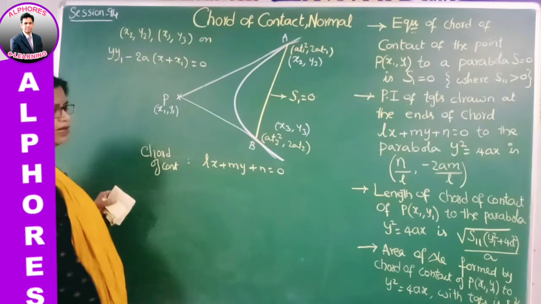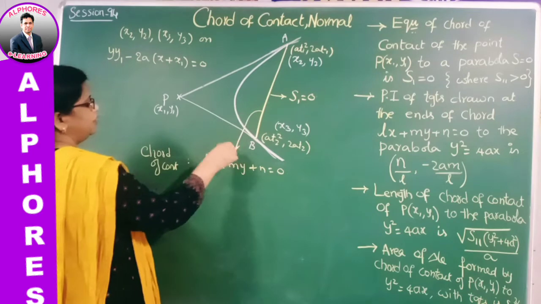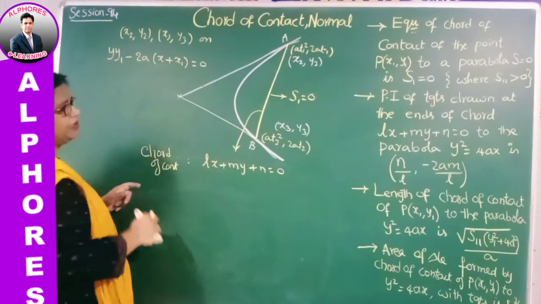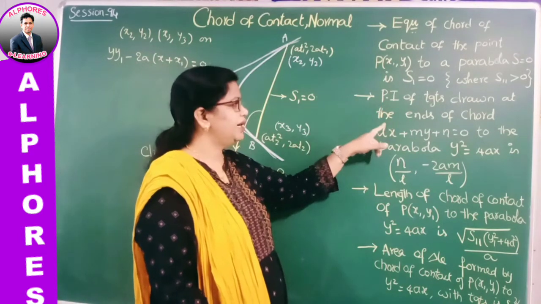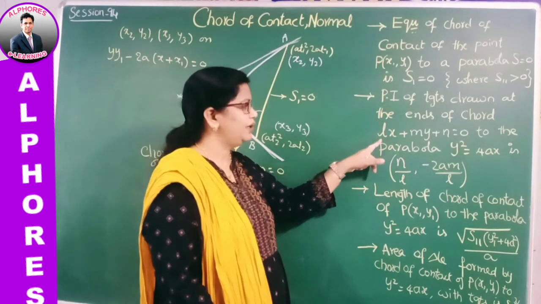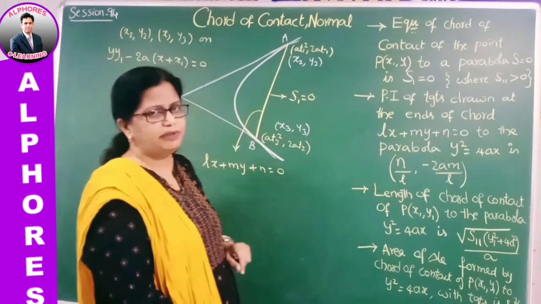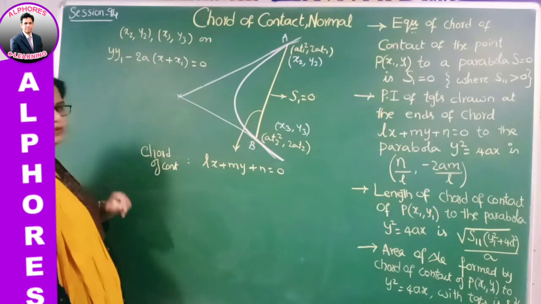Now they will ask about the point of intersection of tangents drawn at the ends of the chord of contact Lx plus My plus N equal to 0 to the parabola. Suppose we are taking y square equal to 4ax. So what is that value?